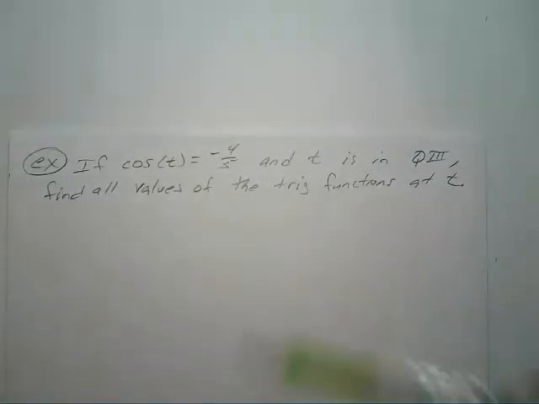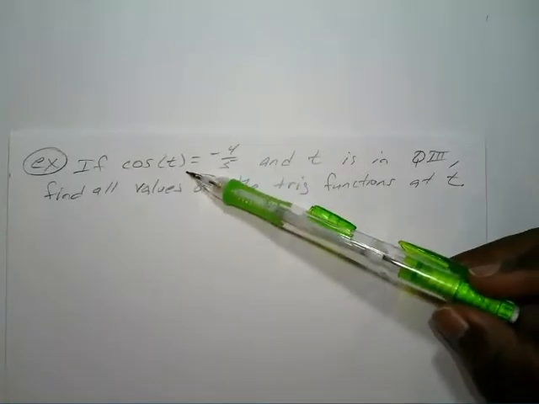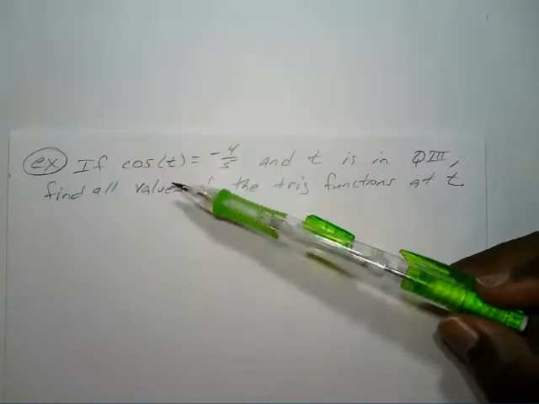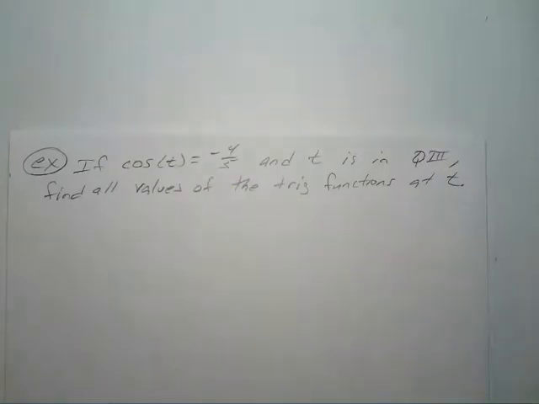In other words, they're giving us cosine. So by giving us cosine, they want us to find sine and tangent and secant and cotangent. They want us to find the rest of the other 5.